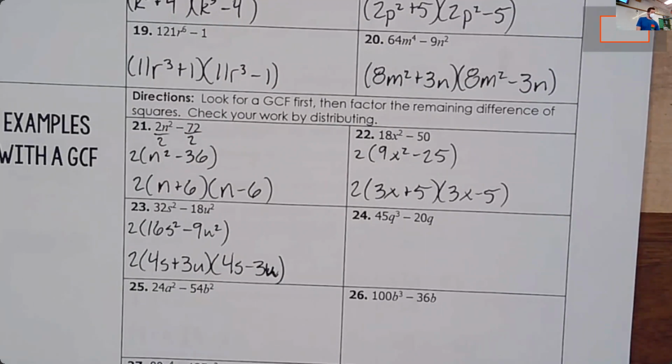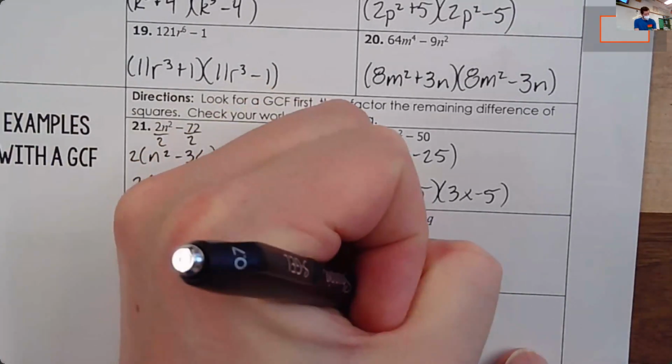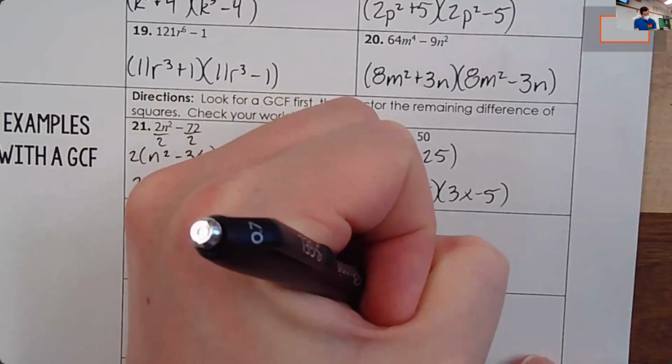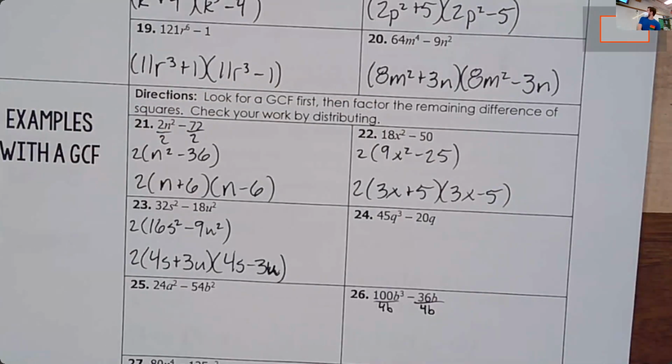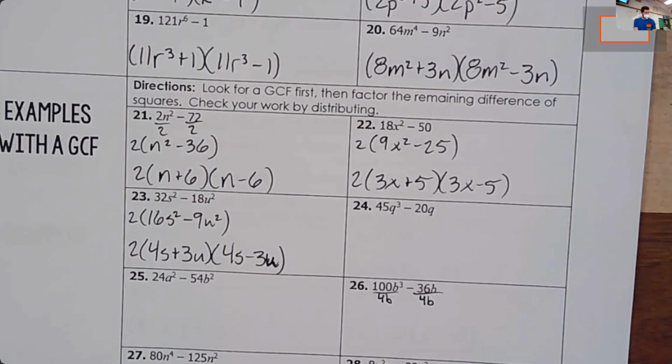Common factor of 136, 4, yeah. And then they also both have b that we can factor out of it. So our GCF this time is 4b. So we're going to factor out a 4b to start with on this one.